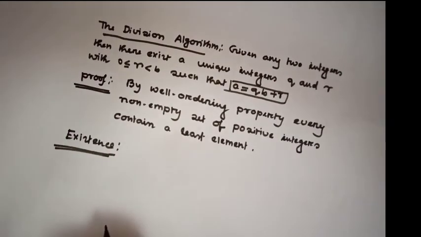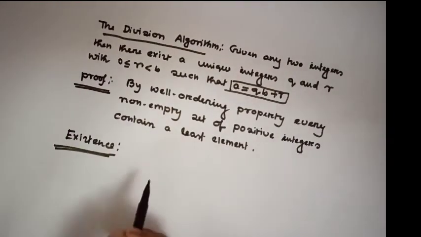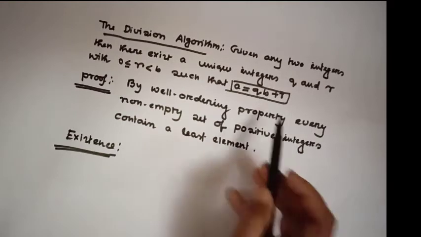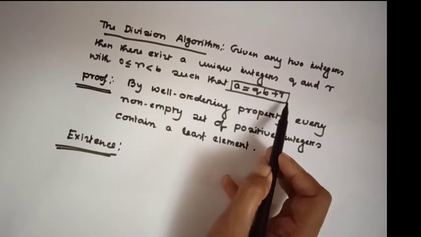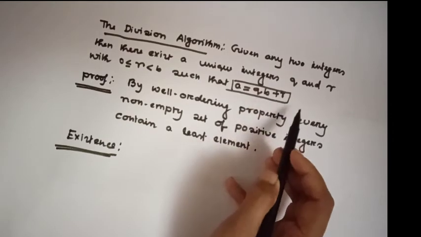For this, we need a set. Let us consider the set of remainders. Here, a equals qb plus r. That means r equals a minus qb.